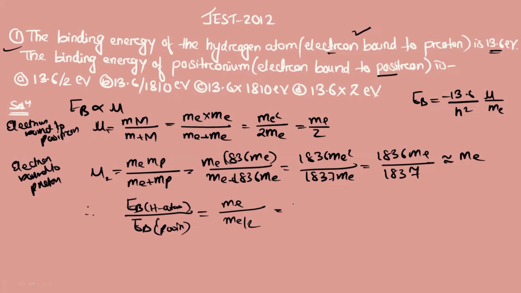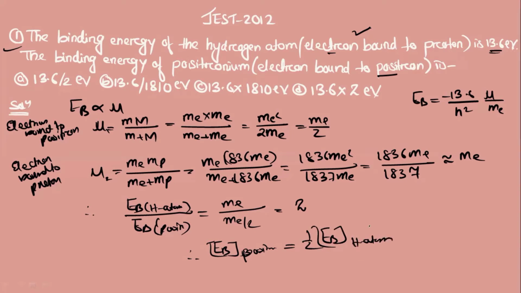So finally, Me and Me get cancelled and you get 2. So therefore you can write for positronium, it is 1 by 2 of the binding energy for the hydrogen atom.